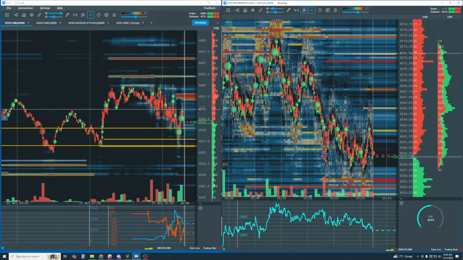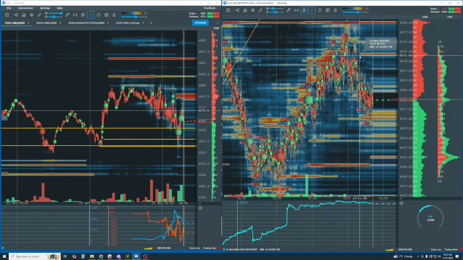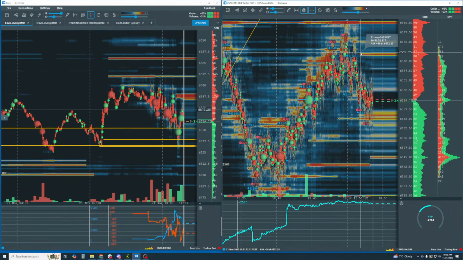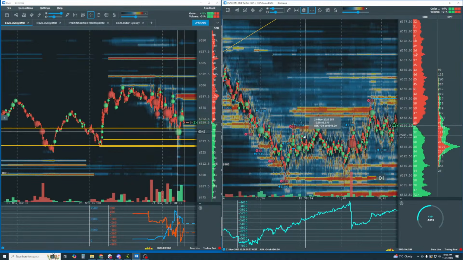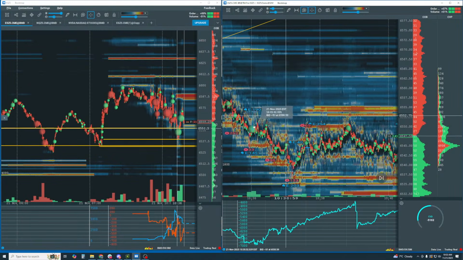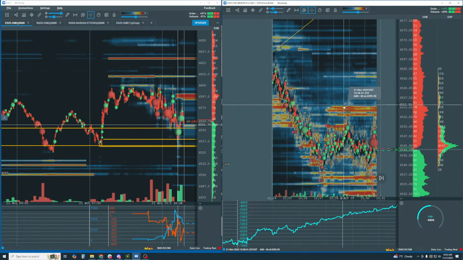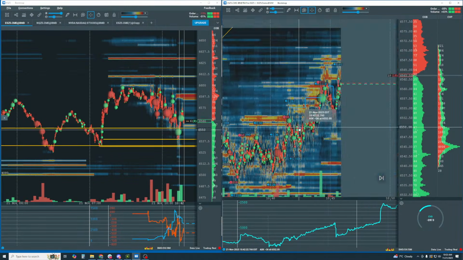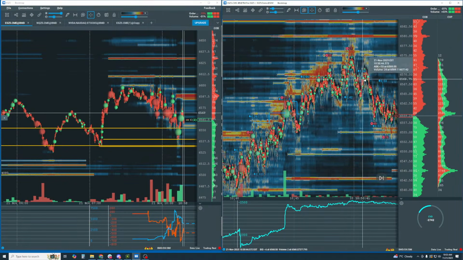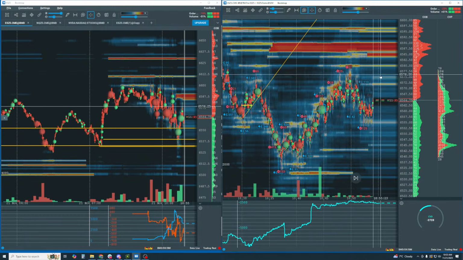Okay, so let's look for accumulation first. Do we have a lot? Did we have a lot down here? This is where we noted there was some down here, and we noted a lot of buying in here too, right? So maybe you guys saw that one. I've been yapping here, so I kind of missed a lot of stuff.